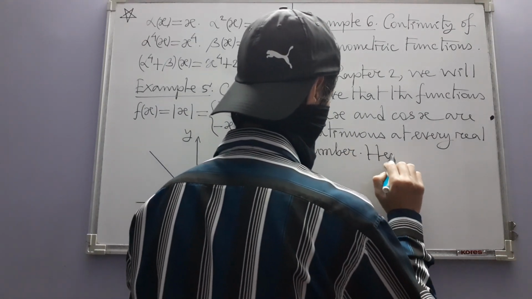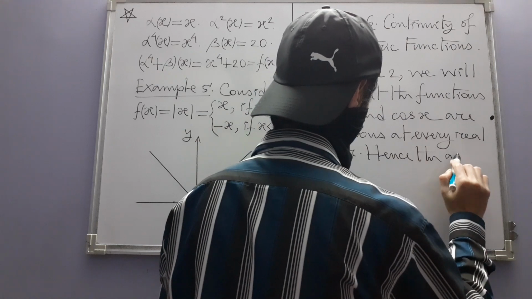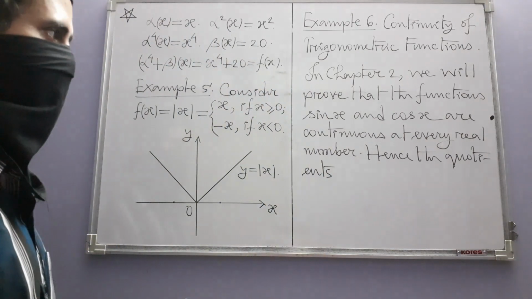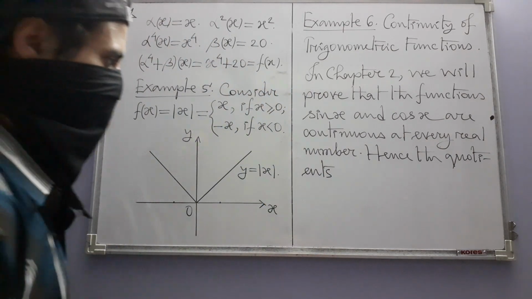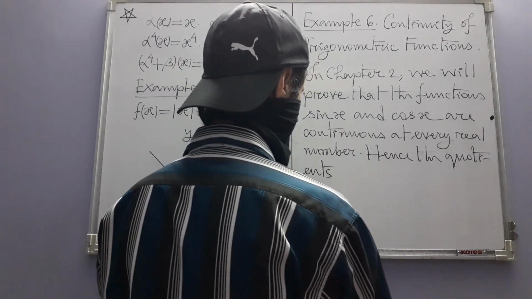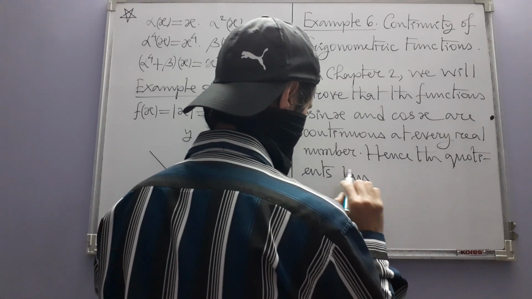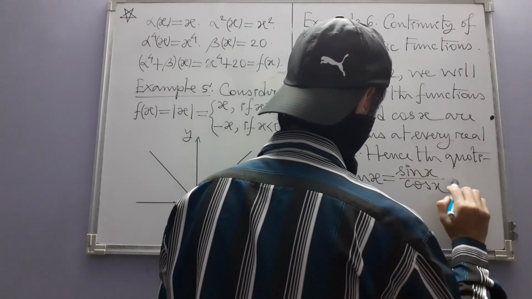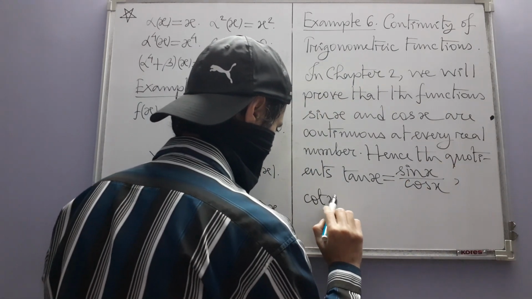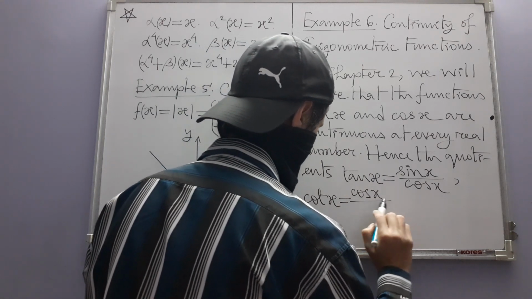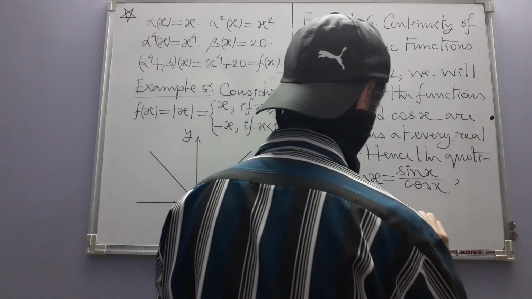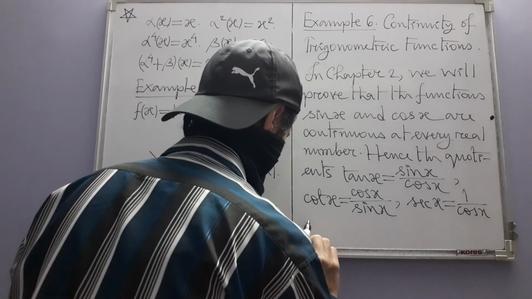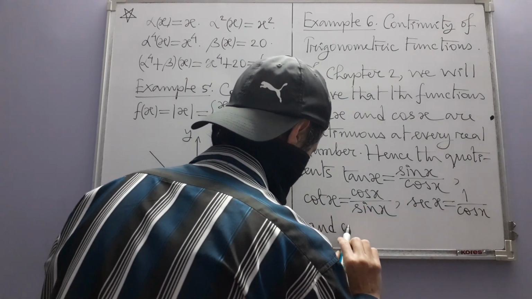Hence, the quotients of these functions, which we know as the other trigonometric functions, that is tan x, which is sin x over cos x, then cot x, which is cos x over sin x, secant x, which is the reciprocal of cos x, and cosecant x.